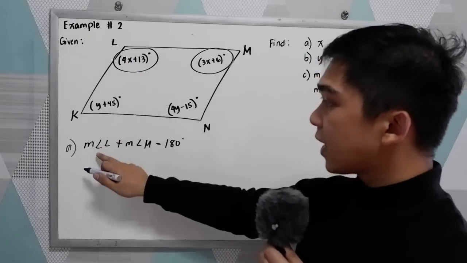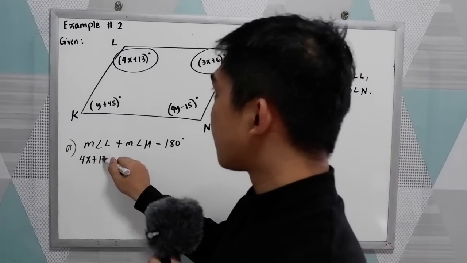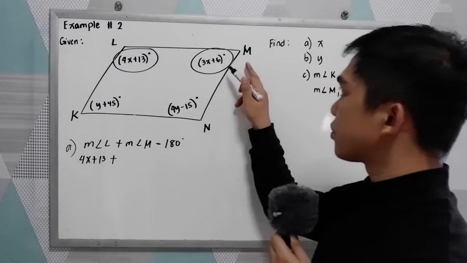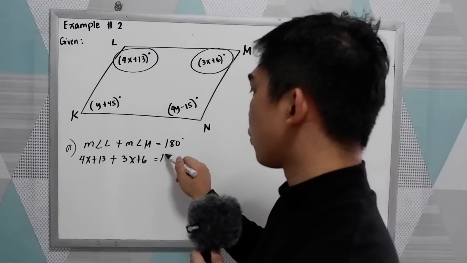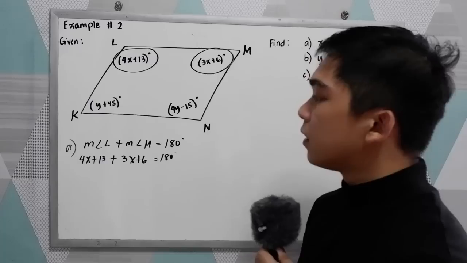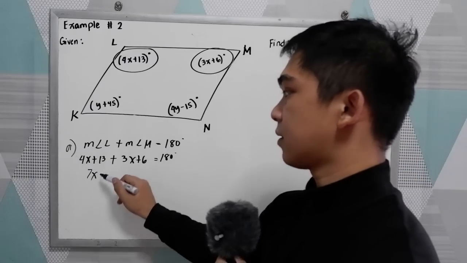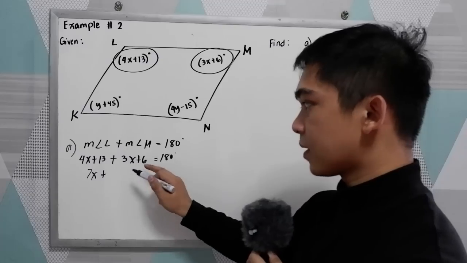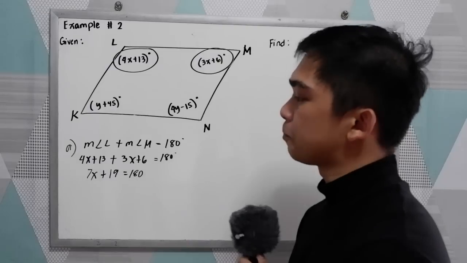So measure of angle L is 4x plus 13, plus measure of angle M is 3x plus 6, is equal to 180 degrees. Now 4x plus 3x is 7x, plus 13 plus 6, that is 19, is equal to 180.